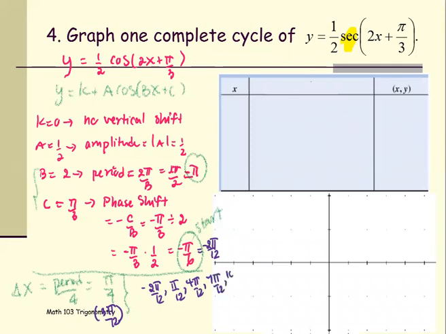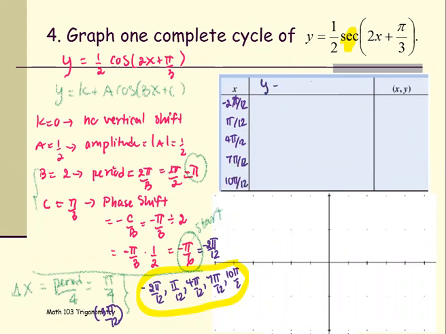The last one is 10 pi over 12. Very tricky, huh? So on the table, we have negative 2 pi over 12, pi over 12, 4 pi over 12, 7 pi over 12, 10 pi over 12.